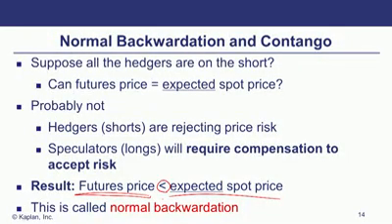But because we've got all these nervous wheat farmers bidding down the futures price, we'll see the futures price actually going below the consensus expectation. And that is a situation known as normal backwardation, because you've got the futures price below the expected spot price.